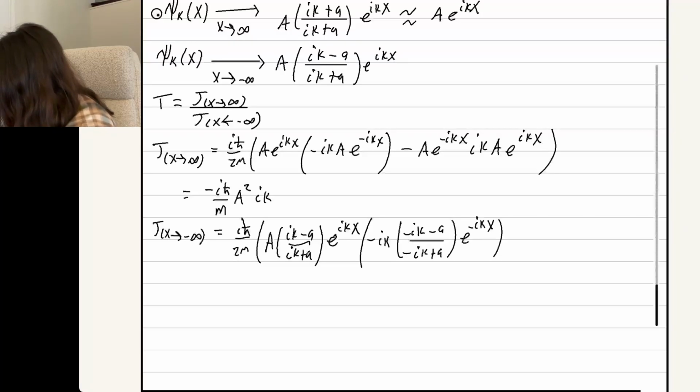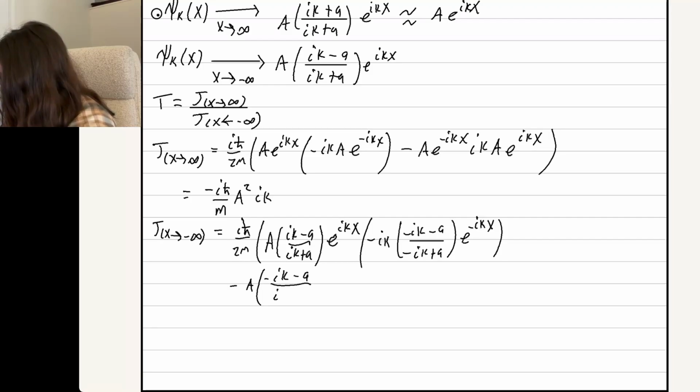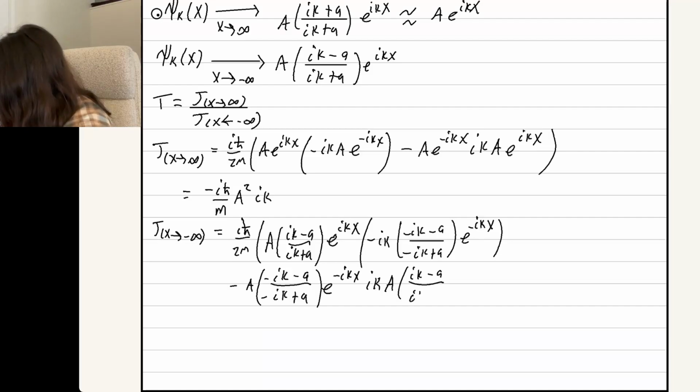And then the complex conjugate looks like A times (minus ik minus a) over (minus ik plus a), times e to the minus ikx, and then the derivative of the wave function is just ik (ik minus a) over (ik plus a) e to the ikx.